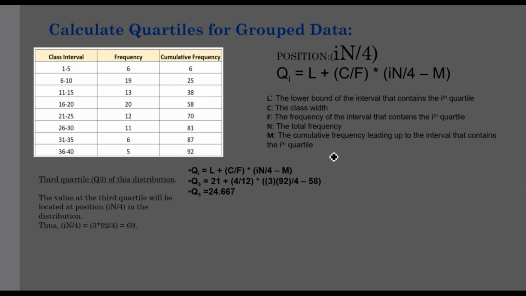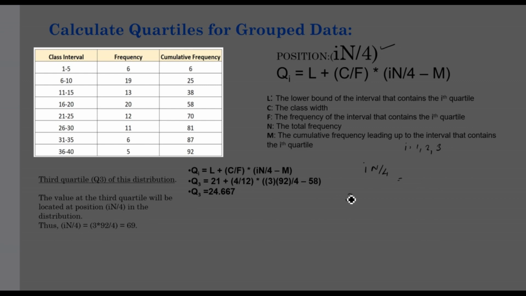The first step is to find the position of that quartile, that is, in which class Q1, Q2 or Q3 belongs to. For that we calculate iN by 4, where i is 1, 2 or 3.